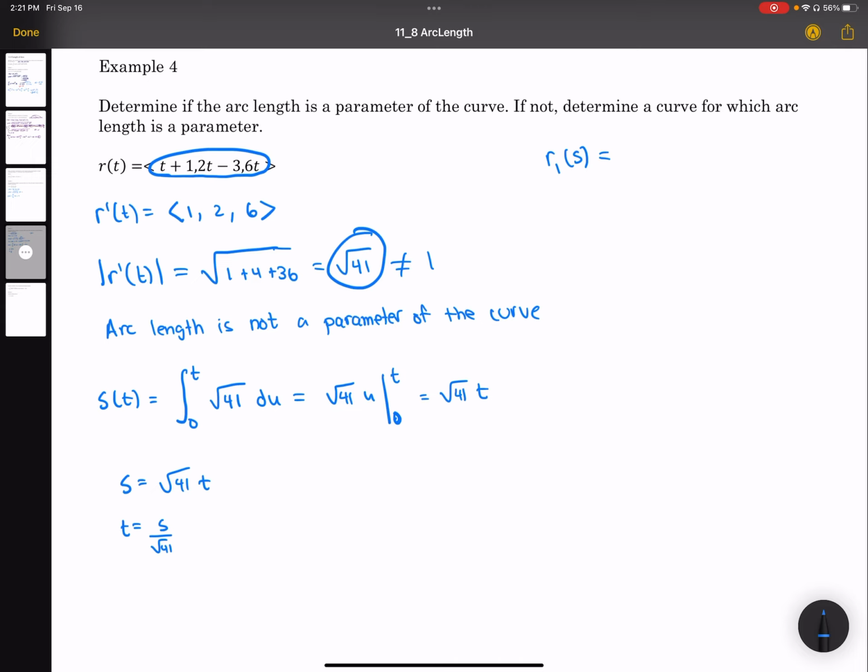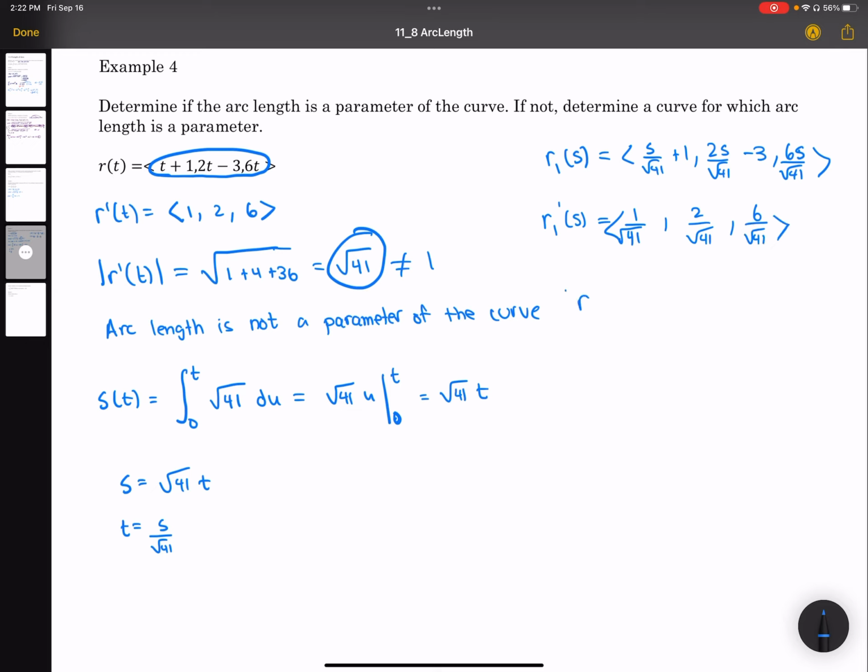So r1 of s is just going to equal, and we're going to replace t with s over root 41, so s over root 41 plus 1, 2s over root 41 minus 3, and 6s over root 41. And if we found this derivative r1 prime of s, now s is our variable, so we're going to get 1 over square root 41, 2 over square root 41, and 6 over square root 41.